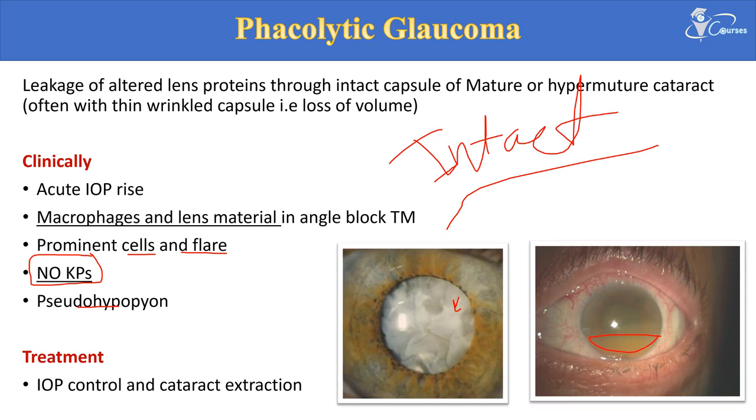You need first to do two things: control the inflammation, control the IOP. Again, control the inflammation, control the IOP. For the third time, control inflammation, control IOP, giving anti-glaucoma medications and steroids. This will control the inflammation, the pain, and the intraocular pressure.